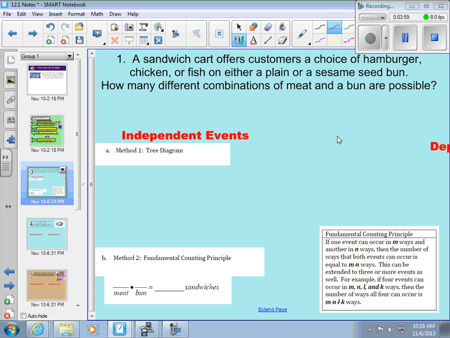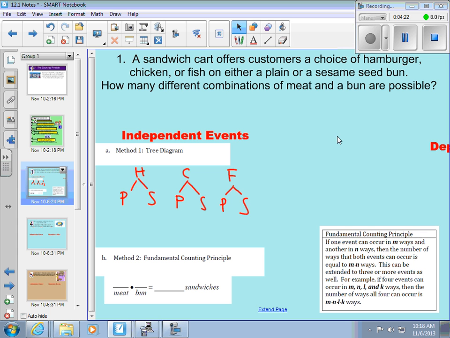So you could list out your possibilities to figure out the total number. For example, on this one, you could either choose a hamburger, chicken, or fish sandwich. And then for each of them, you've got either the choice of plain or sesame seed. So how many different choices do you have?